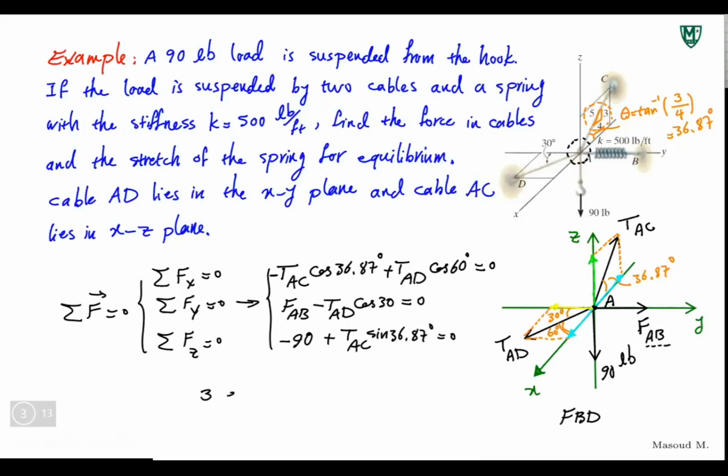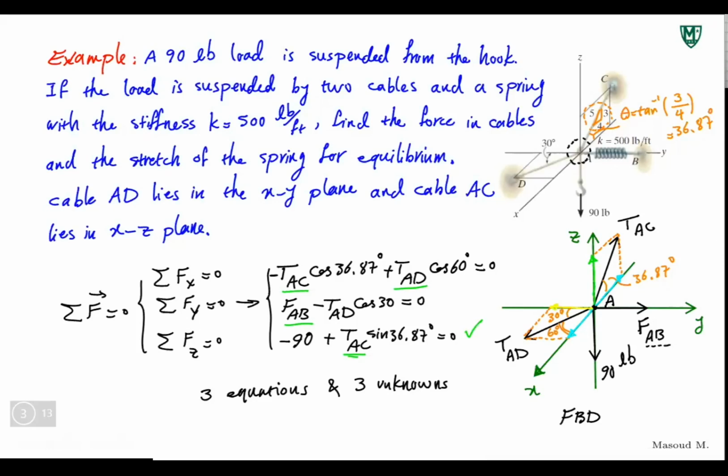So what do we have here? We have 3 equations, and we have 3 unknowns. We don't know what is TAC, we don't know what is TAD, and we don't know what is FAB. So we should be able to solve this. Mathematically speaking, we have enough information to find these 3 unknowns. So my suggestion, you will see it's pretty easy because I can start from this equation here and find TAC.